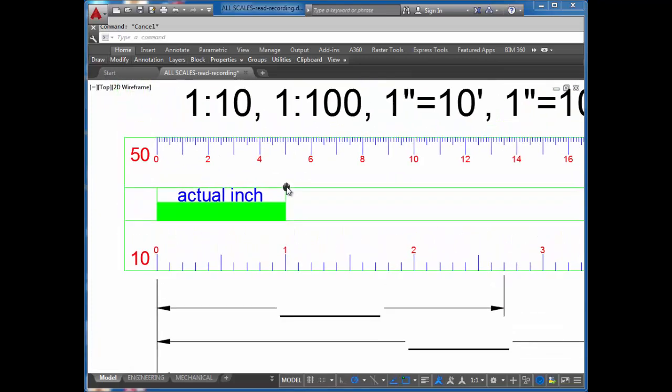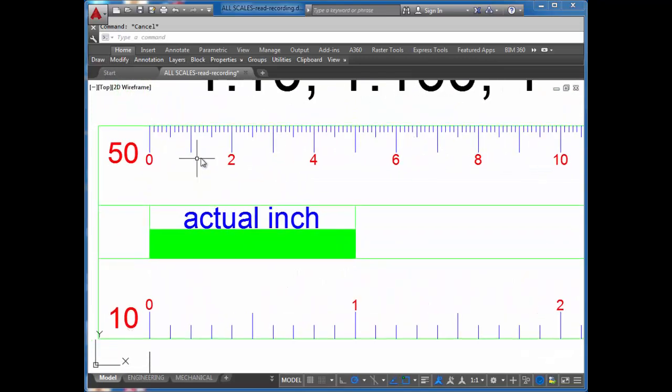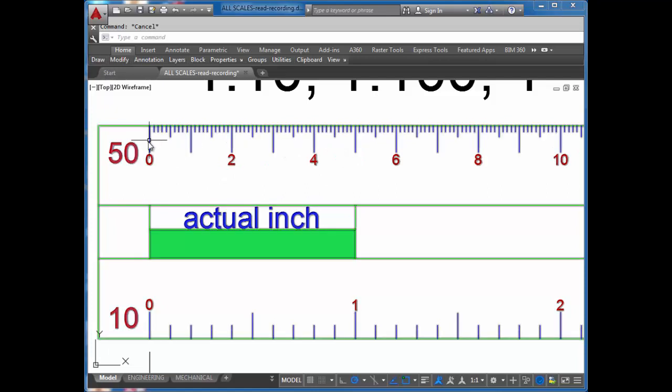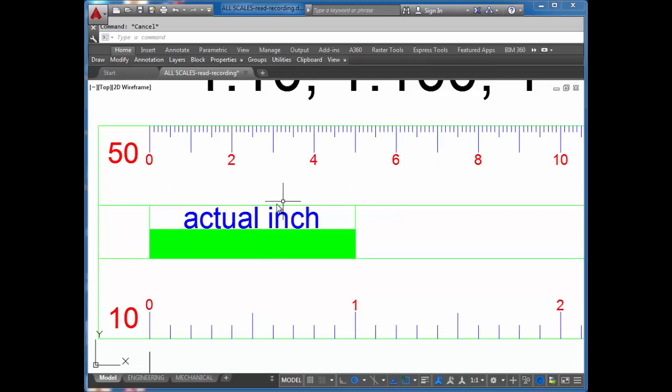The scale above, we have 50 tick marks between the 0 and where the actual inch mark is. So we can see that we've got 1, 2, 3, 4, 5, 6, 7, 8, 9, 10 tick marks here. There's 20, 30, 40, and a total of 50.